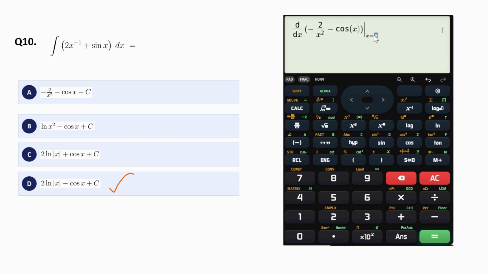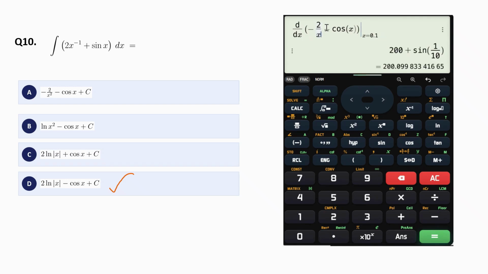Here you can notice the same value 0.1, which gives around 4000 point something. So we ignore this. Now let's check ln x square minus cos x.